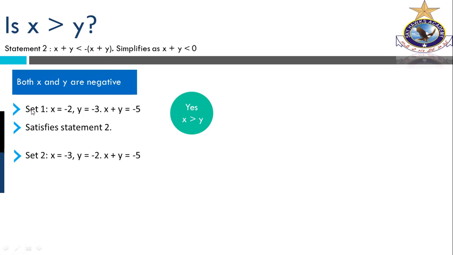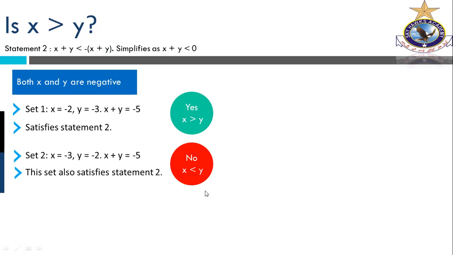Suppose we are taking the second set of data. Here, x is negative, y is once again negative. We are just alternating, interchanging the values. Once again, we are getting the same negative sum. So this set also satisfies statement 2, that is the sum is less than the negative sum, and x is greater than y.